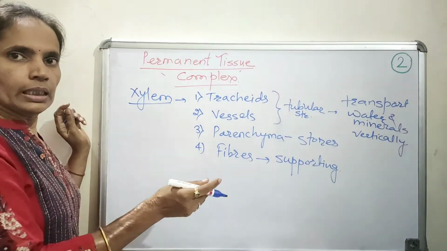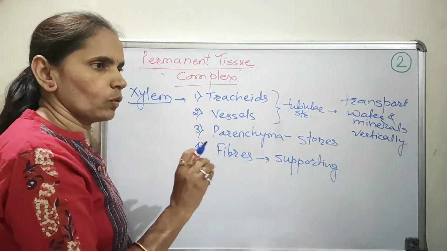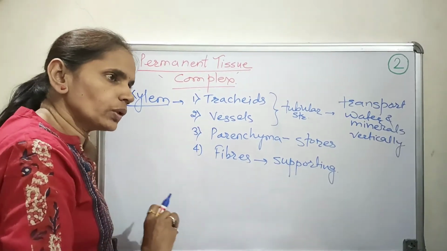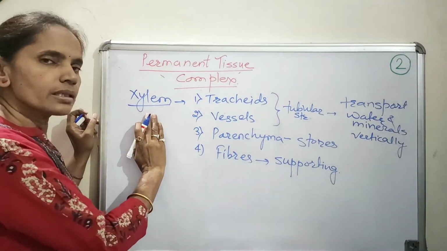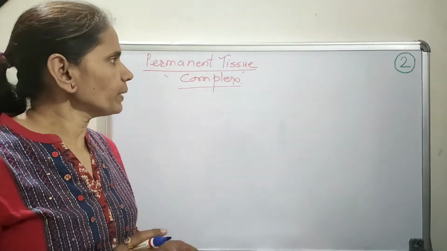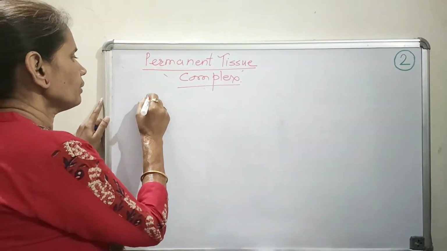So overall, the transport of water and minerals from the root to the tip of the plant is carried out by this xylem. The last type of complex permanent tissue is the phloem.